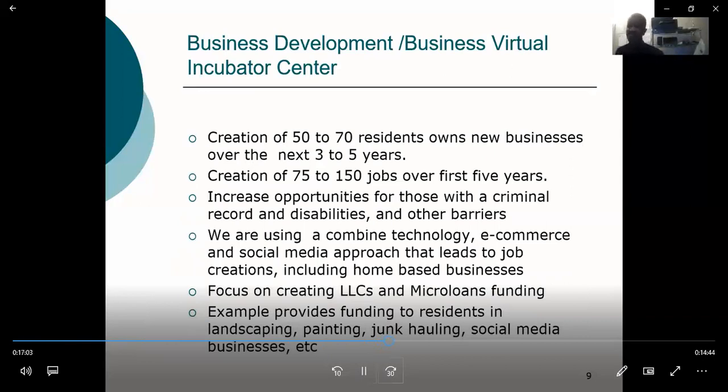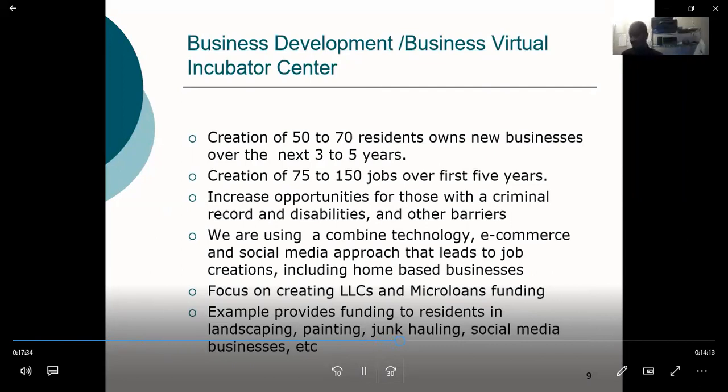The number of businesses that are starting from a home-based perspective has shot up ridiculously since the virus. And we're going to do this by connecting people to using e-commerce and social media as a format to create business opportunity, including how to do drop shipping, how to put together online stores, etc.